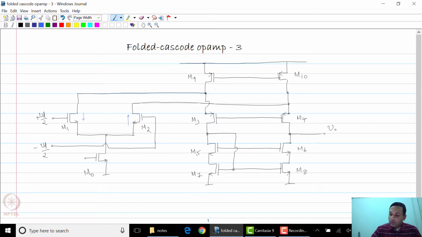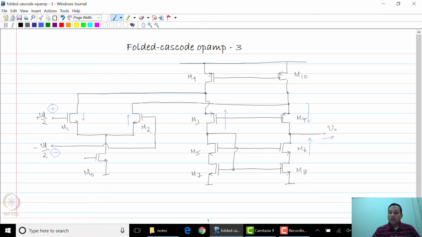So this current would be pulled out from this node through M5 and M7, and this would cause a corresponding current to flow through M6 and M8. And if you look at this path, there will be a current flow from M2 which flows directly into M4, and the sum of these two currents would flow through the output. So clearly the plus and minus signs of the op-amp are as shown.